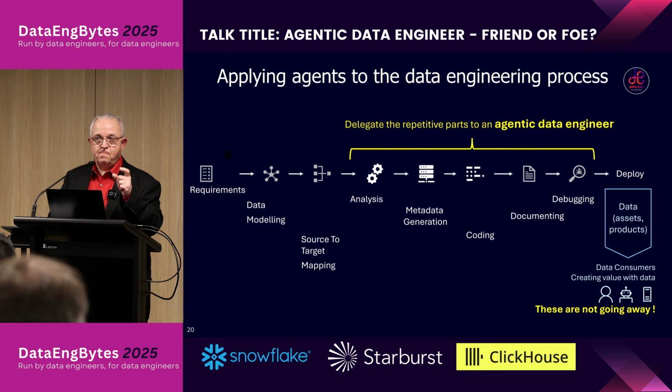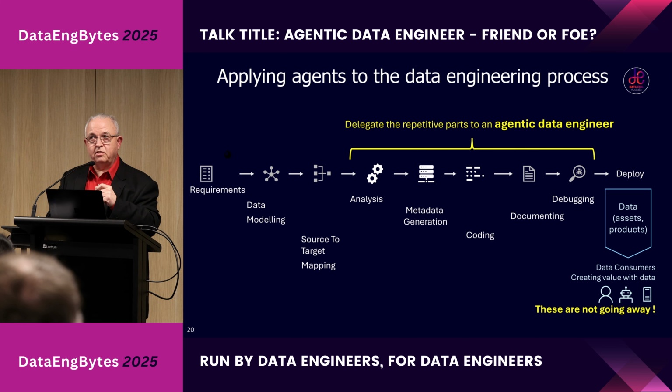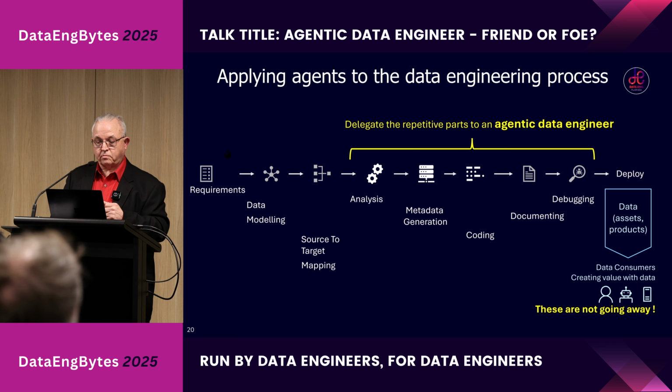So you'll have one agent doing the analysis piece, another perhaps generating some metadata and documentation, then the coding, which they're very good at, and the debugging of that code and the testing of that pipeline. So that gives you that first tested architecture.